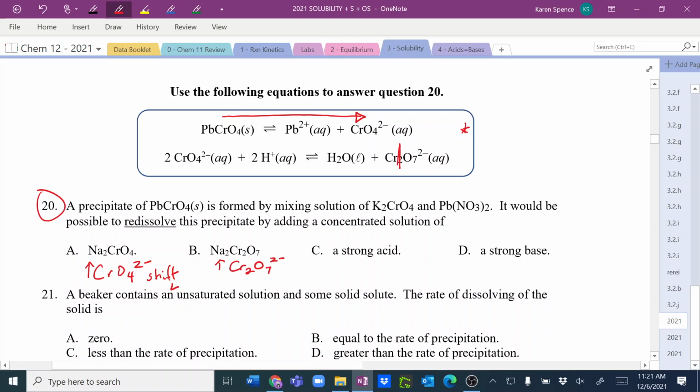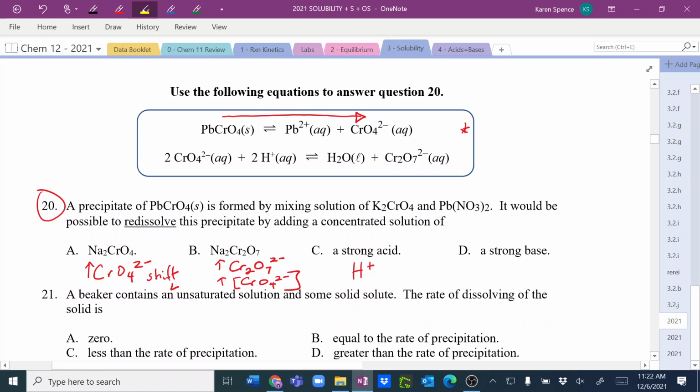A strong acid. What would an acid do? A strong acid contains what? Hydrogen ions, yes? Oh, look, what do we have here? Oh, we have hydrogen ions.